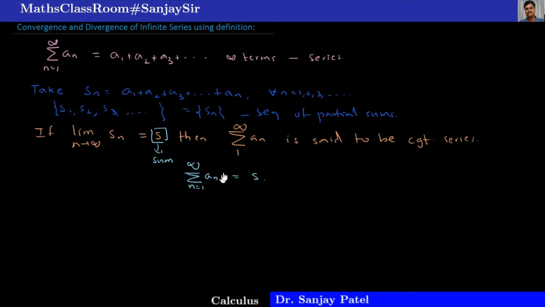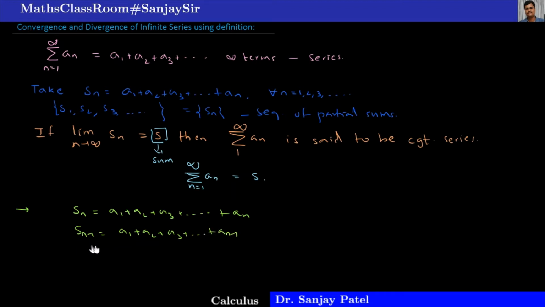So in this video, we are going to discuss convergence and divergence of series using this basic definition. Before we proceed, let us note one more thing. If we have Sn is equal to a1 plus a2 plus a3 and so on up to an, then we can write Sn minus 1 as the sum of the first n minus 1 terms, that is a1 plus a2 plus a3 up to a(n minus 1).